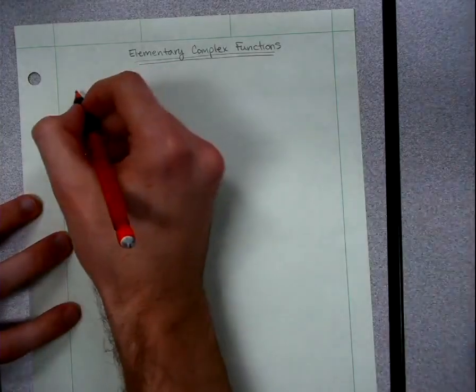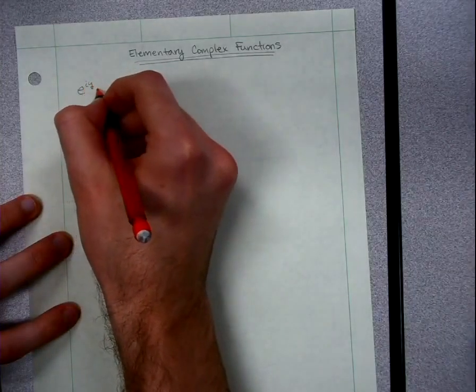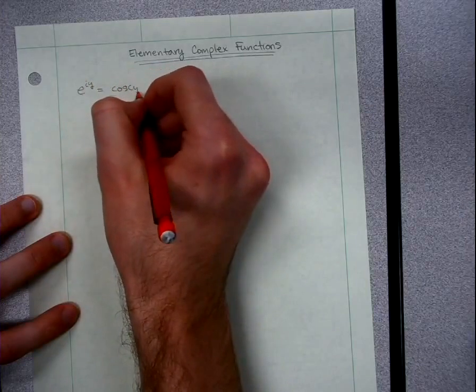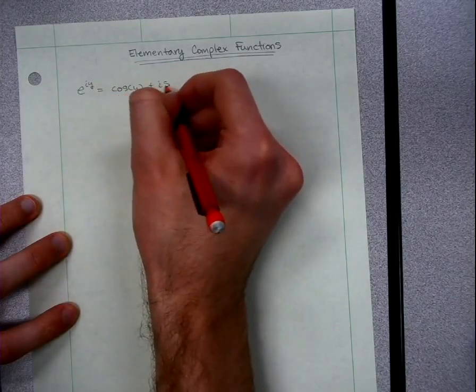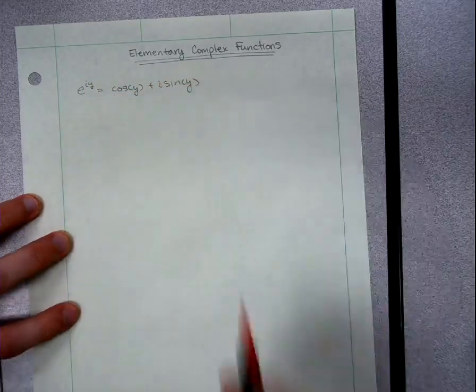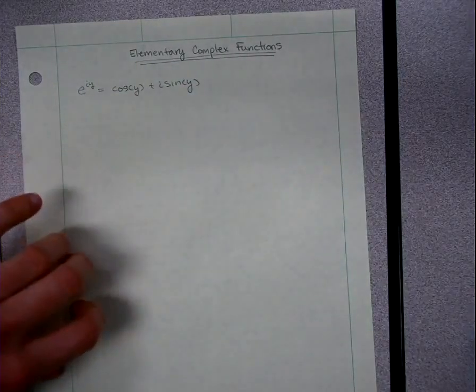Now I have a question for y'all. We're gonna be deriving e to the iy equals cosine of y plus i sine of y. I think we've all seen that before.